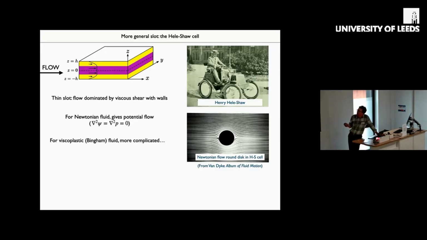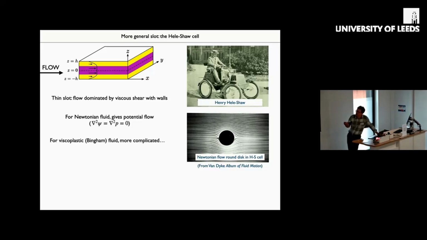This is the very beginning of the 20th century. And this was actually developed as a way to visualize potential flow. Many of you will have seen this Album of Fluid Motion, a very famous collection of beautiful pictures of fluid mechanics phenomena. And Van Dyke uses Hele-Shaw cells to visualize potential flows. This would be like potential flow, inviscid flow around a disk, for example.